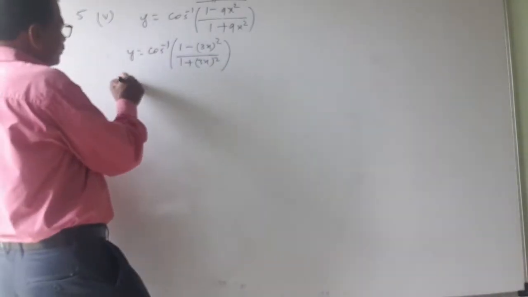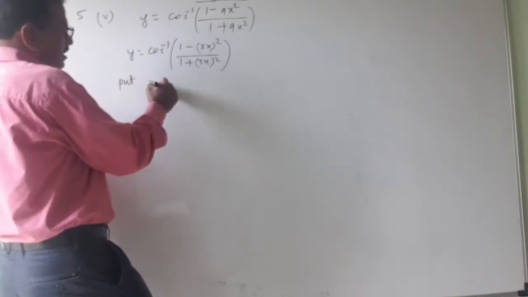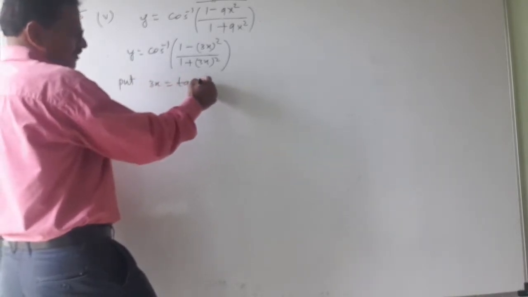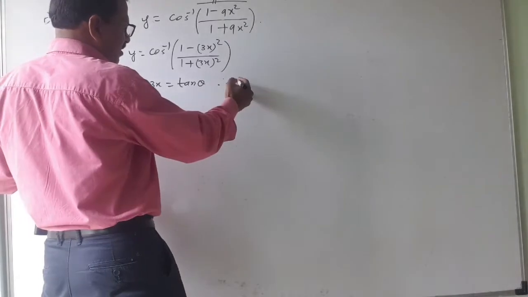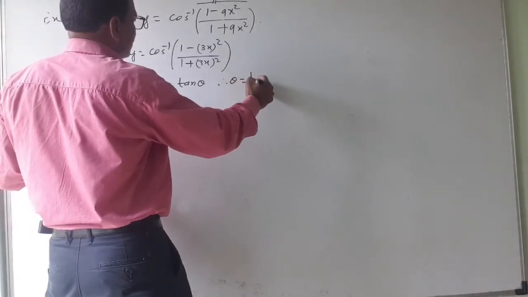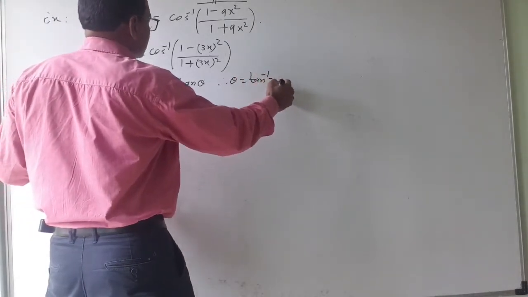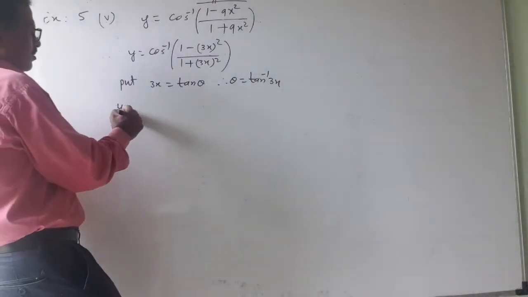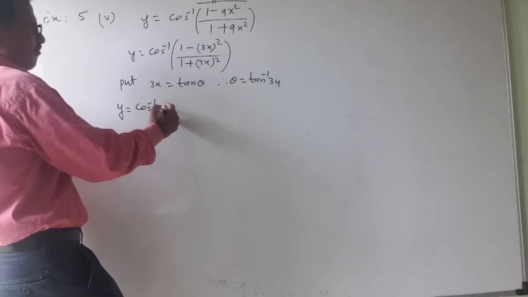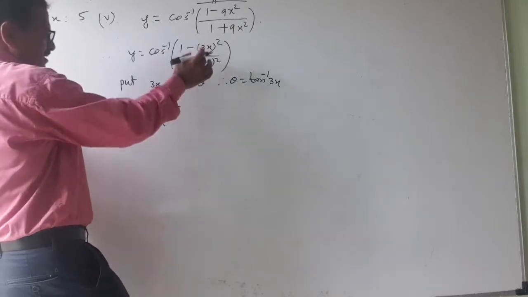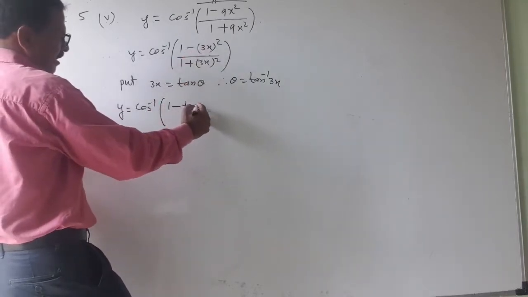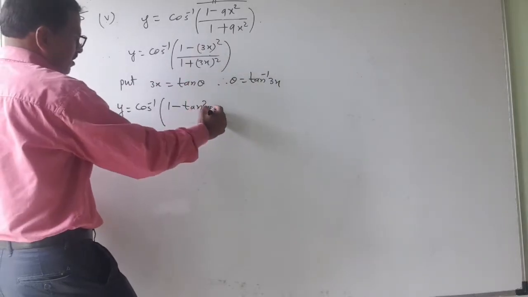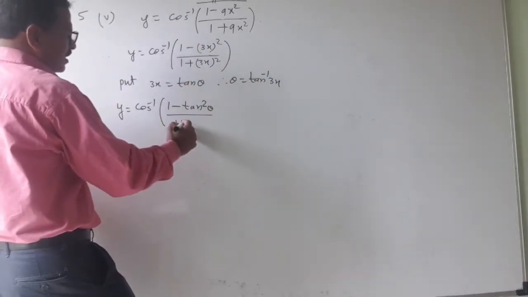So put 3x is equal to tan theta. Therefore theta is equal to tan inverse of 3x. Just bring it here, that's all. So y is equal to cos inverse of 1 minus 3x, means tan theta, and its square, so tan square theta upon 1 plus tan square theta.